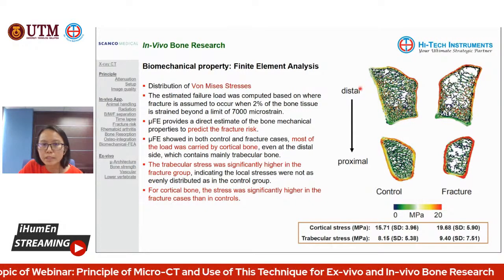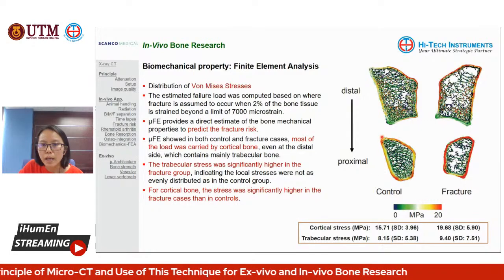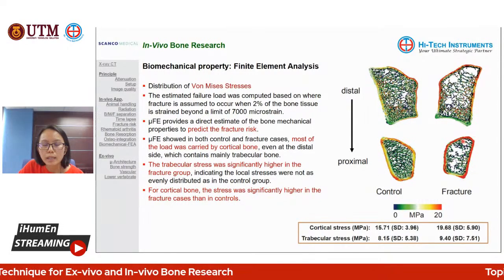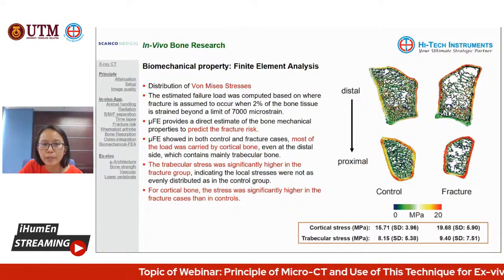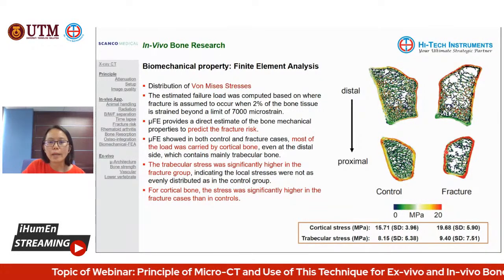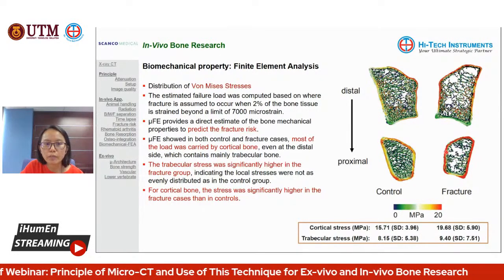So you can see both distal and proximal area, and you can see the color coded here to show you the chances of the bone at that particular area being fractured when there is an increase of stress.